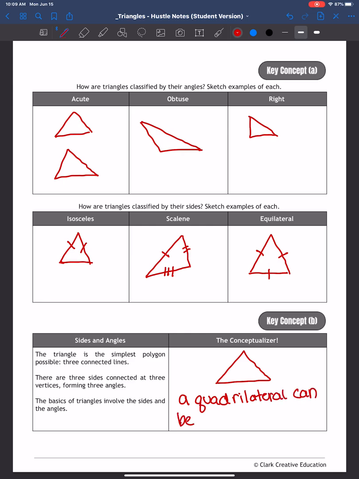It's the building blocks of polygons. Okay.